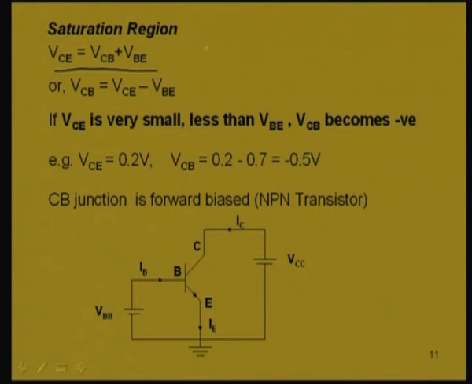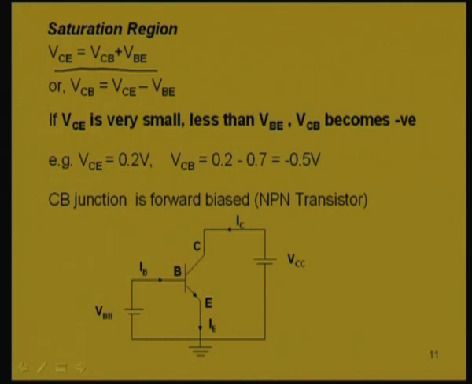So, the collector base voltage is equal to VCE minus VBE, that means it will be VCE minus 0.7. Now, if VCE is very small, say less than 0.7 volt for silicon, then what will be the collector base voltage? Let us for example take VCE equal to 0.2 volt, very small, lesser than that 0.7 volt, then collector to base voltage will become 0.2 minus 0.7, that is minus 0.5.